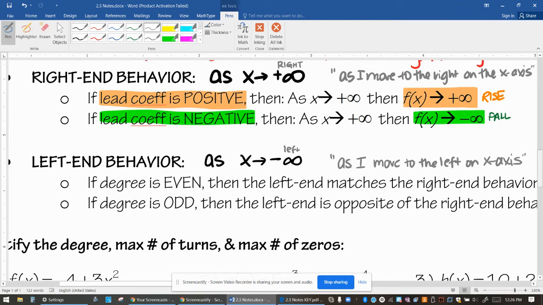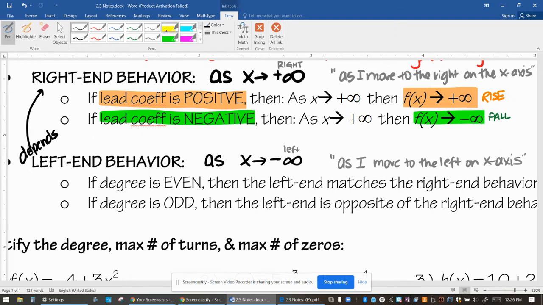Now, I don't decide the left end behavior until I know what the right end behavior is, because the left end behavior depends on the right end behavior, okay? So I'm going to write that down for you. The left end depends on the right end. You have to decide what the right end behavior is going to do before you can decide the left end.